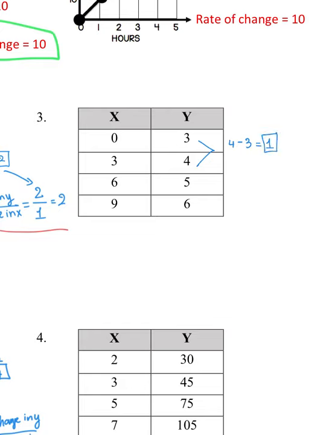Change in x, I do 4 minus 3, I do the bottom subtract to the top, so I have 3 minus 0 is 3. So rate of change m will be change in y over change in x.